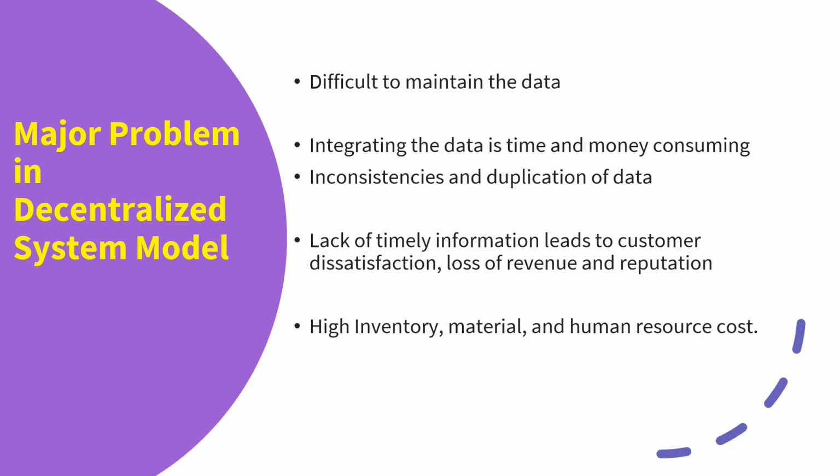It provides a centralized model where all kinds of modules are in the SAP software. So every team can update their data in a central location, and every team can get the data from the central location. So let's talk about the centralized model.